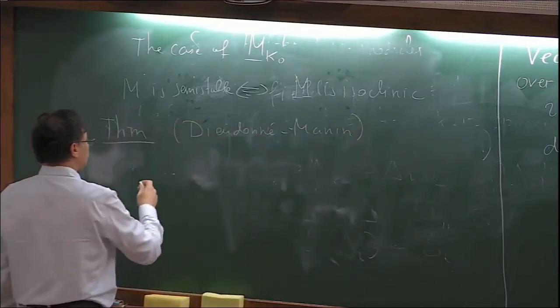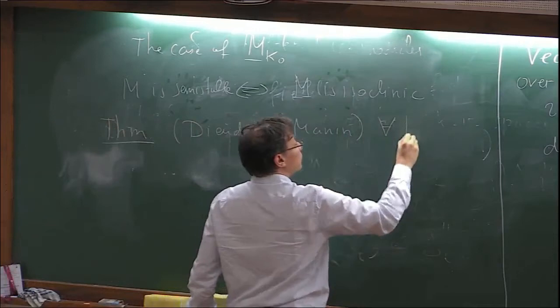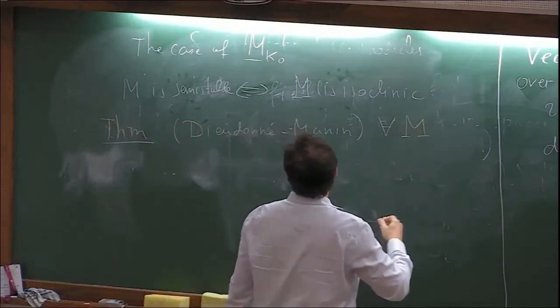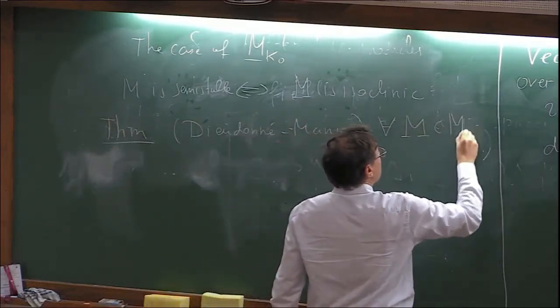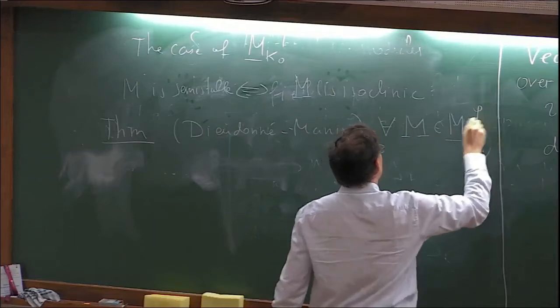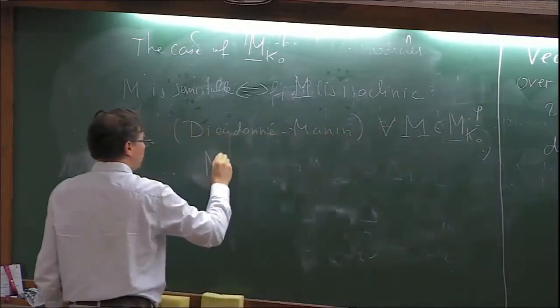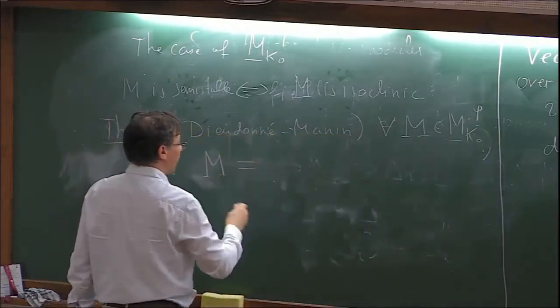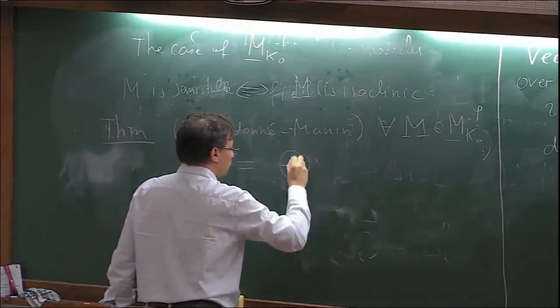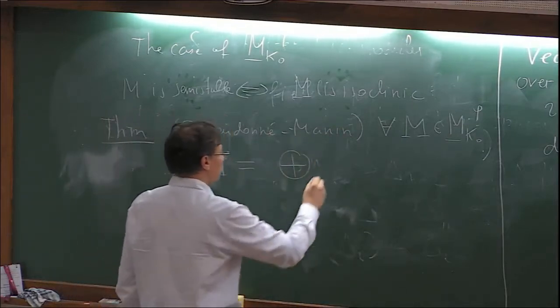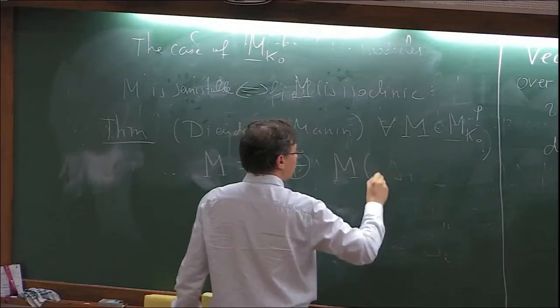The theorem of Dieudonné-Manin says that for any M, there exists a unique decomposition of M into the direct sum of isoclinic modules.